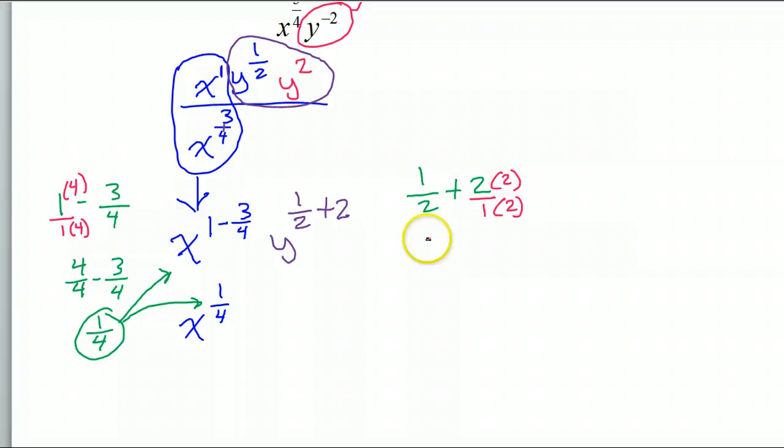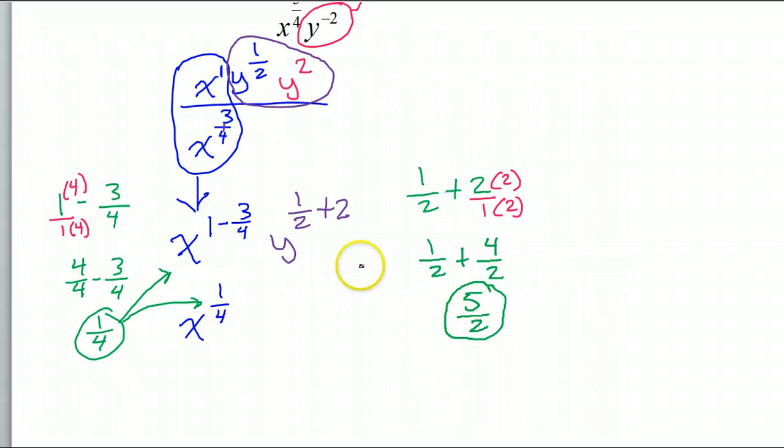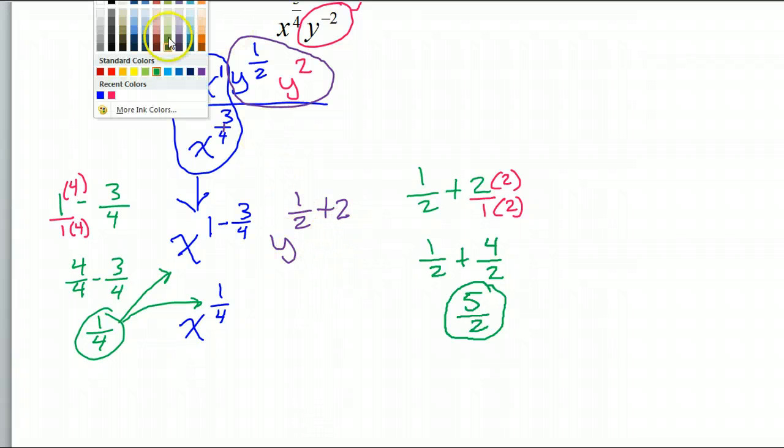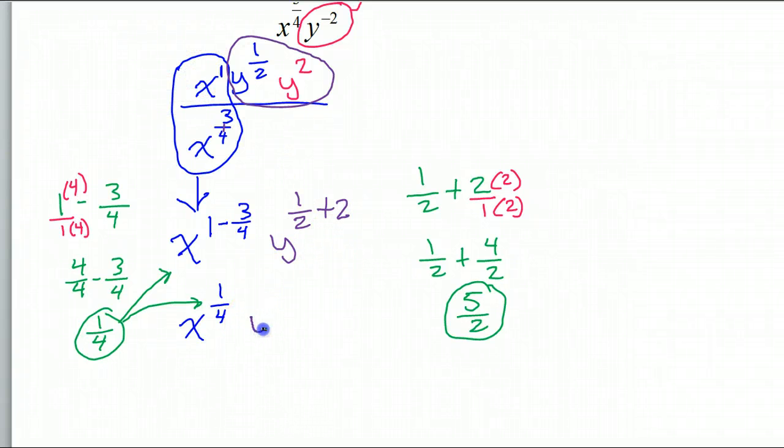So that is going to give me 1 over 2 plus 4 over 2. 1 plus 4 is 5, so that's going to give me 5 over 2, 5 halves. Okay, so that is what's happening with the y's. So my y's will be y to the 5 over 2 power. And that came straight from this. And that's it. This will be your final answer.